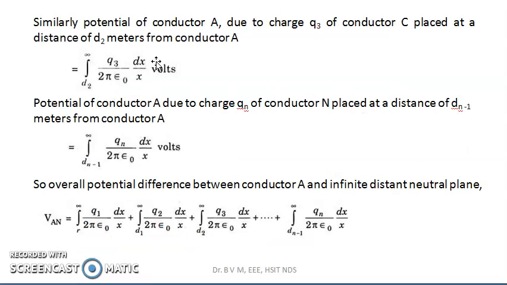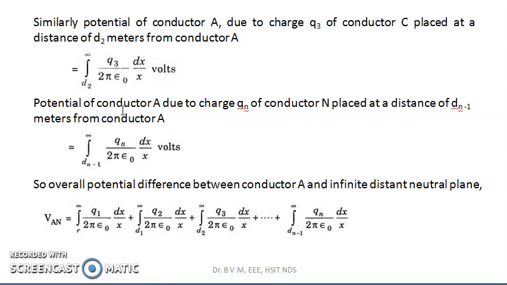Similarly, the potential of conductor A due to charge Q3 of conductor C, placed at a distance D2 meters from conductor A, is given by the integration from D2 to infinity of Q3 by 2 pi epsilon naught dx by x volts.